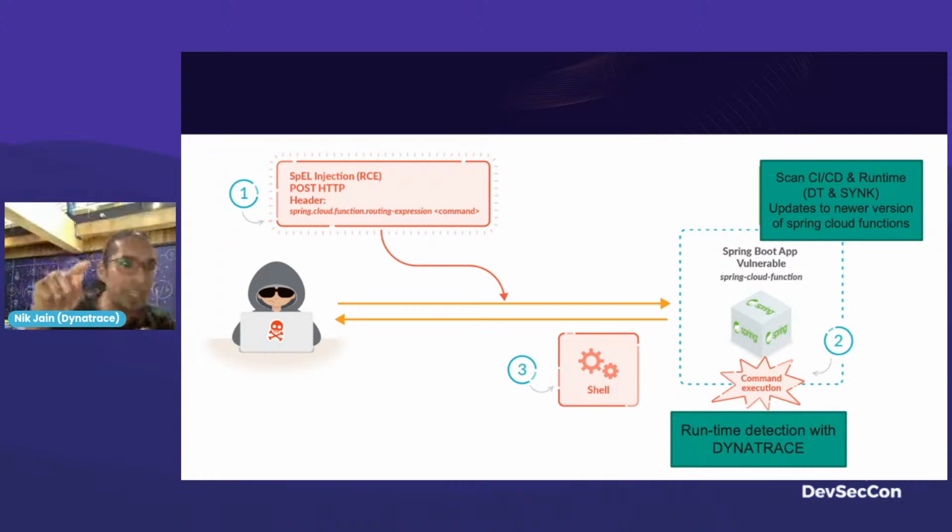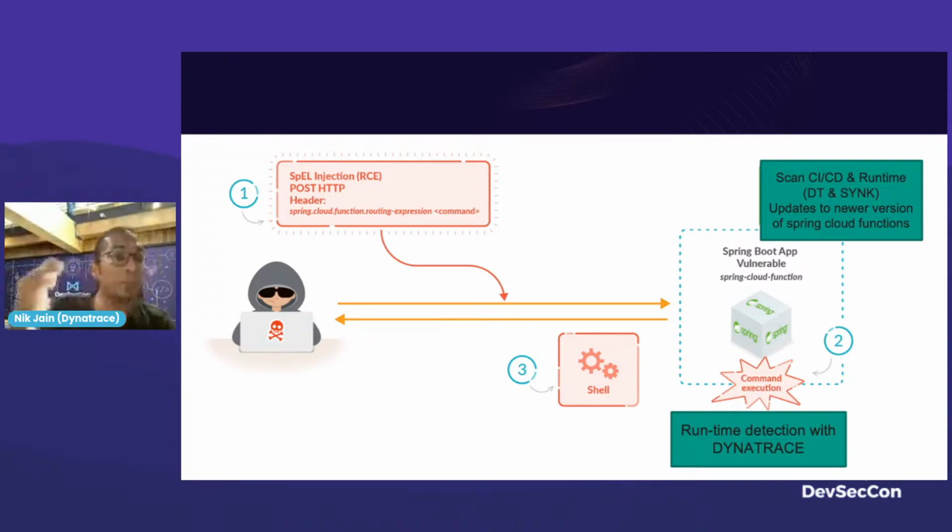Whenever a remote code execution, as an example, is exploited, your tooling at runtime detects that particular vulnerability and, in a more sophisticated environment, blocks that attack.